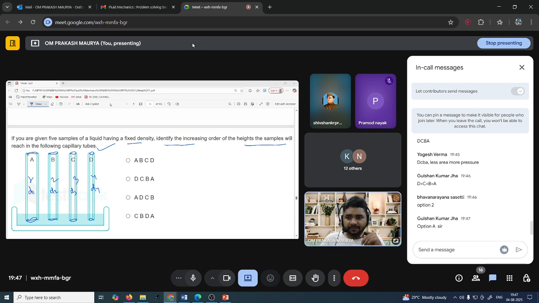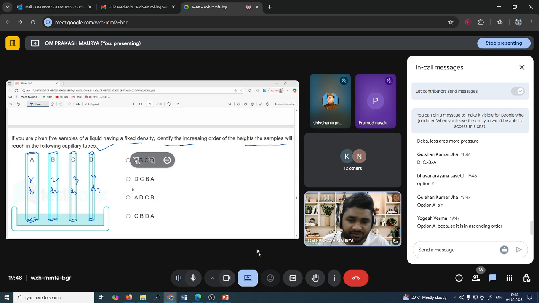But I have already explained the question: you have different types of tubes with different diameters, that is D1, D2, D3. As you can see, D1 is greater than D2, D2 is greater than D3, D3 is greater than D4. So in which tube will the capillary height of water be more? This was the question.